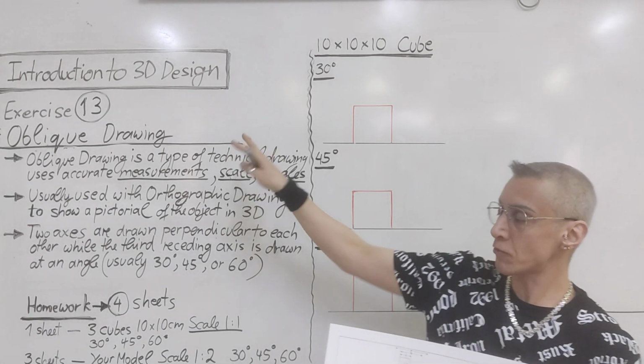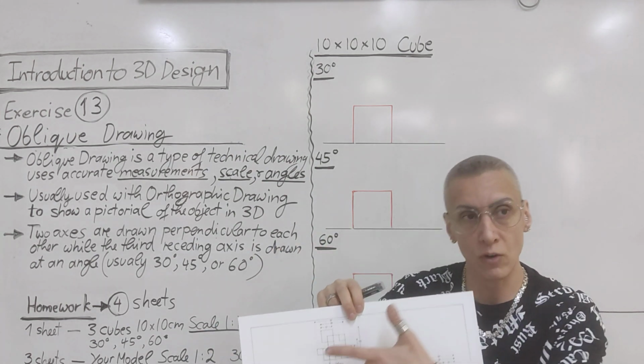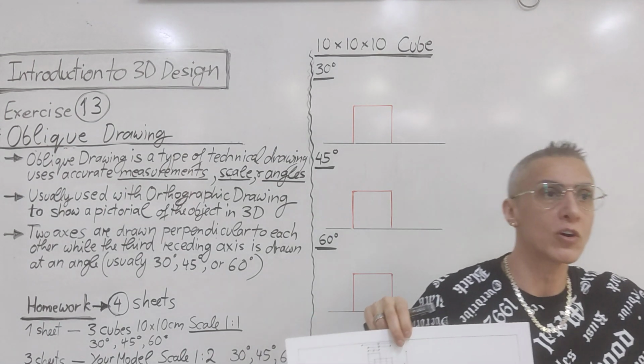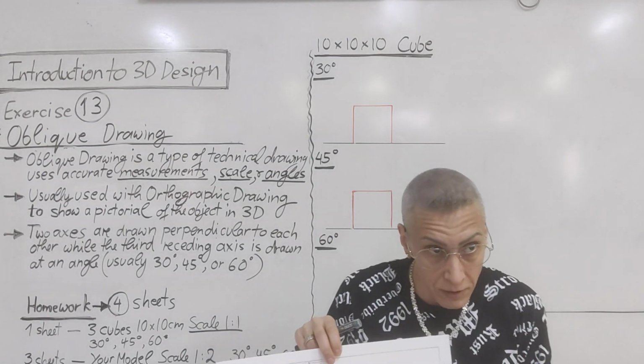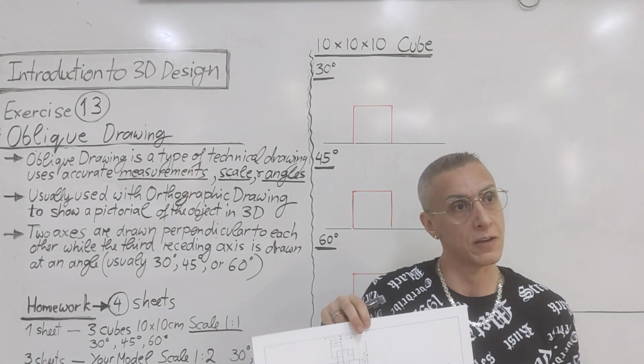So these types of drawings come in addition to this drawing. In design you usually have orthographic drawing plus, let's say, oblique drawing or isometric drawing, a drawing that shows you this object as 3D.